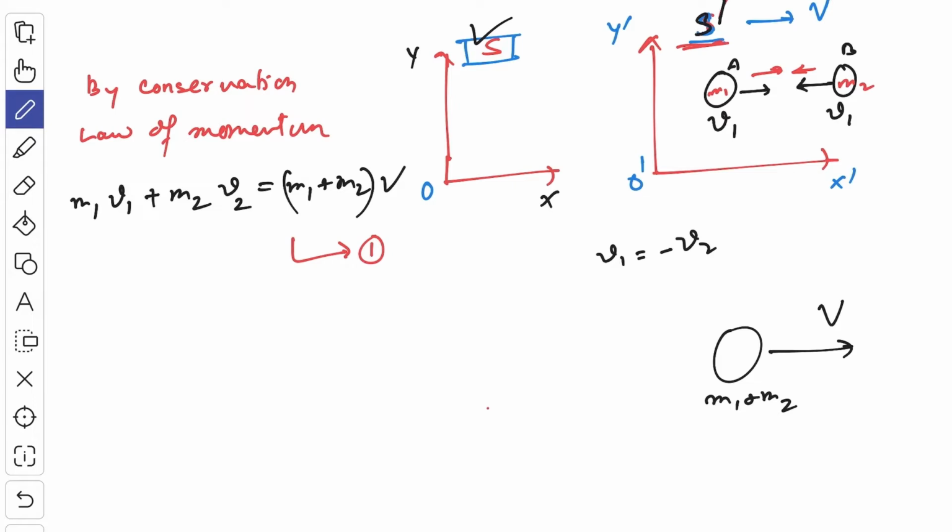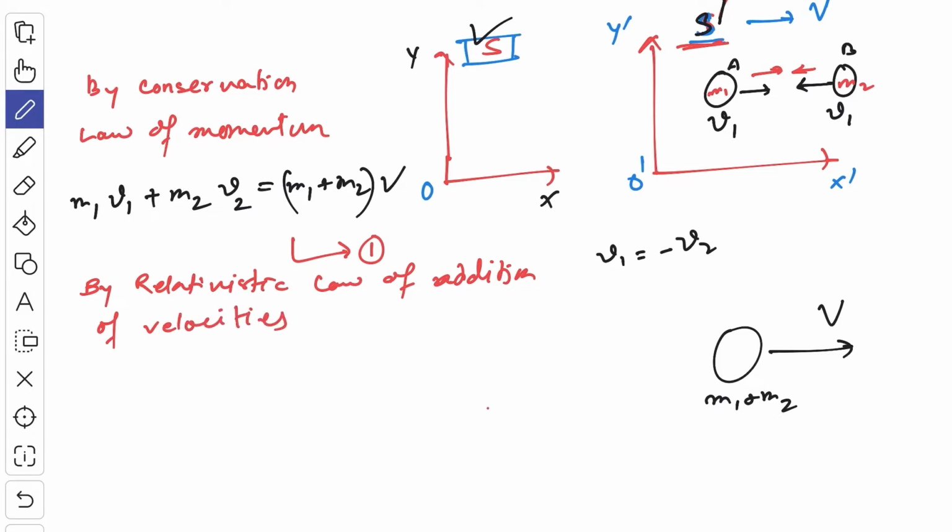Now by the relativistic law of addition of velocities, we can write that this velocity u1 is with respect to S dash, in this frame.